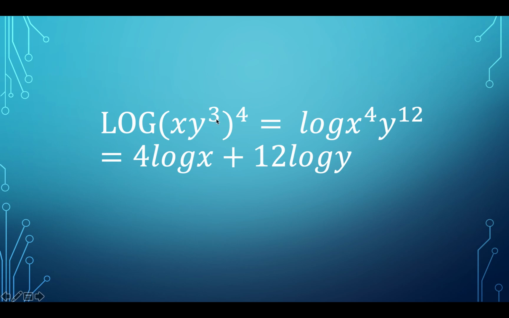Y to the 12th? Well, when it's exponent to exponent, we multiply. So now we have this. Now we could go ahead and expand this log. Well, exponents tell you to bring the number down into the front. Because it's x times y, we're going to put an addition sign. So expanded form is 4 times log x plus 12 times log y.